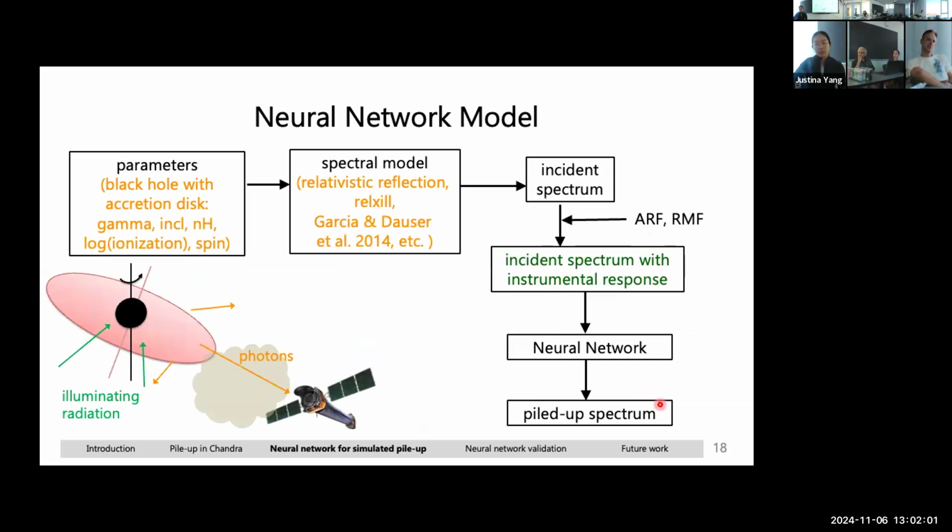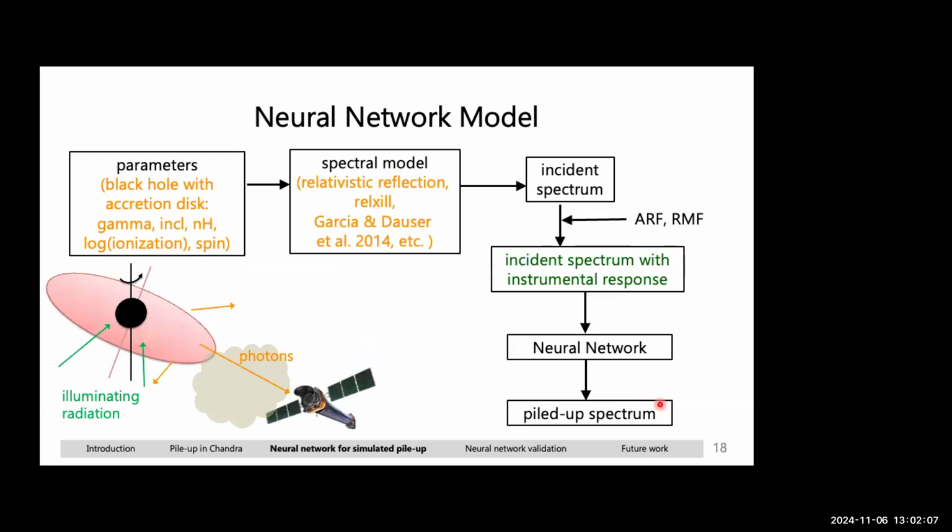So you were just saying that you would have liked to see what the neural network predicted that didn't include pileup. Is that correct, or am I not understanding? Yeah, I just don't see a feedback loop here that says you can estimate what the original spectrum was via the neural network, because the neural network figured something out about the input that led to the output.